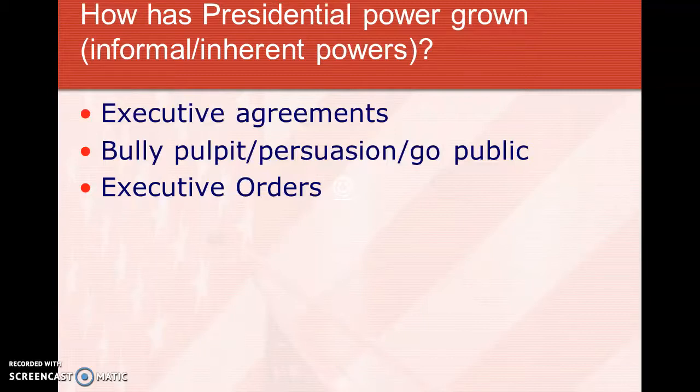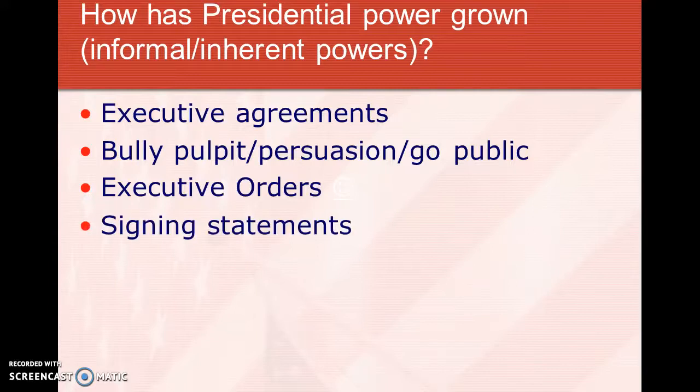As chief executive, he's simply telling the bureaucracy, this is how I want you to carry out the law. But obviously, with our modern party polarization, where we've experienced divided government for so long, a lot of modern presidents have used it as a way around Congress when they can't get Congress to comply with what they want.